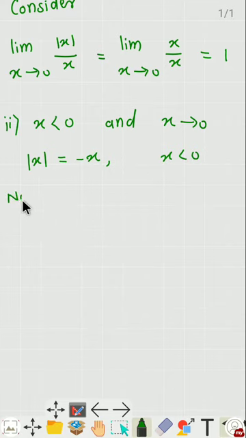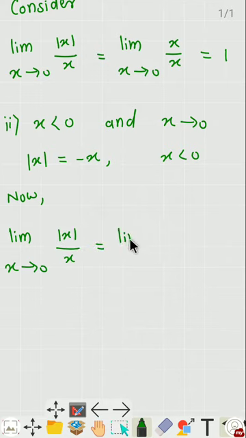Now consider the limit as x tends to 0 of mod x upon x, which is the limit as x tends to 0 of minus x upon x, and the value is minus 1.